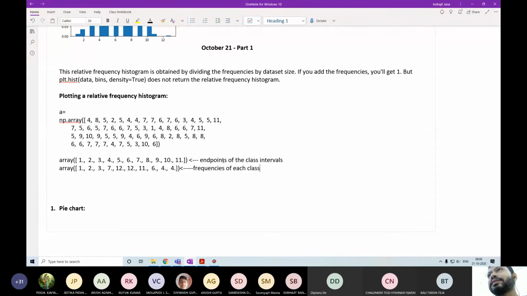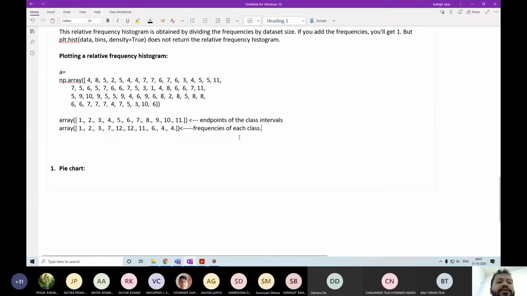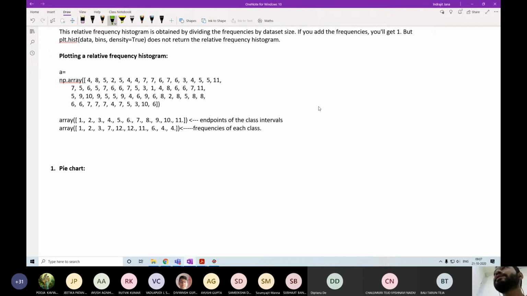Essentially, if I try to draw a table here, here is the class, and here is the frequency.